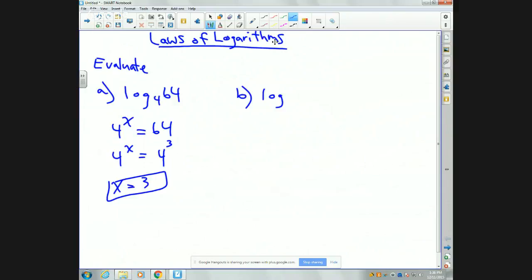So let's look at the log of 1/27th, base 3. So we can deal with fractions here. And again, if you're not sure where to go with this, we can always write it out in exponential form. This just means that 3 to some exponent has to equal 1/27.